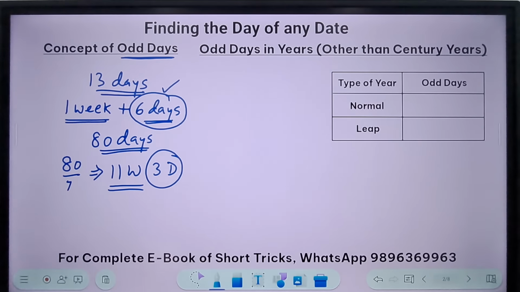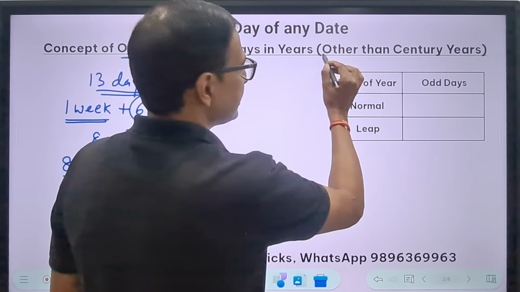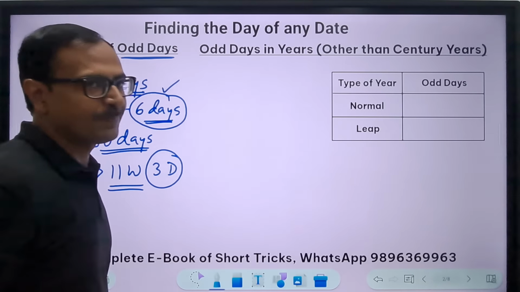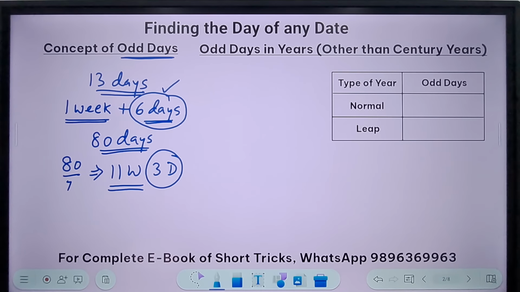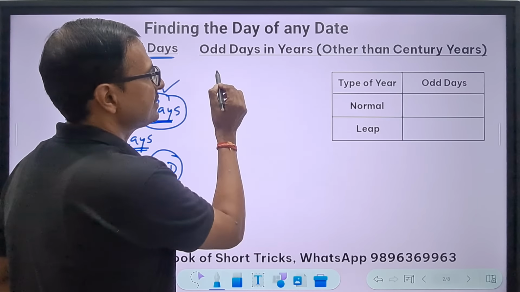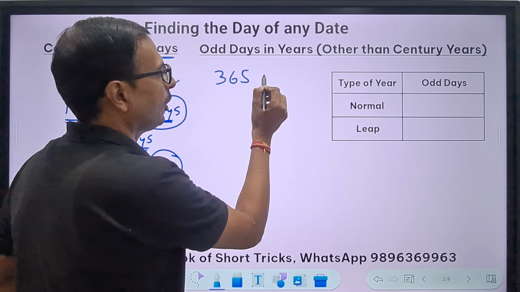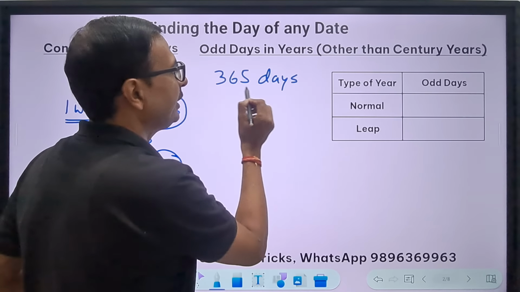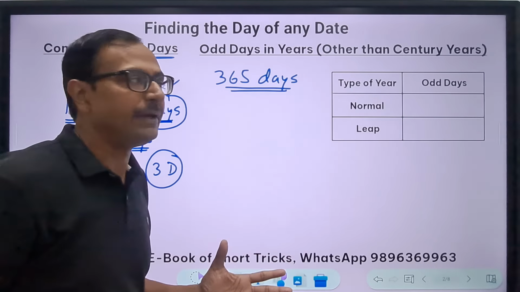Now we are talking about odd days in years which are other than century years. So other than century years means, let's take 365 days, a normal year. So how many odd days will be there in a normal year?